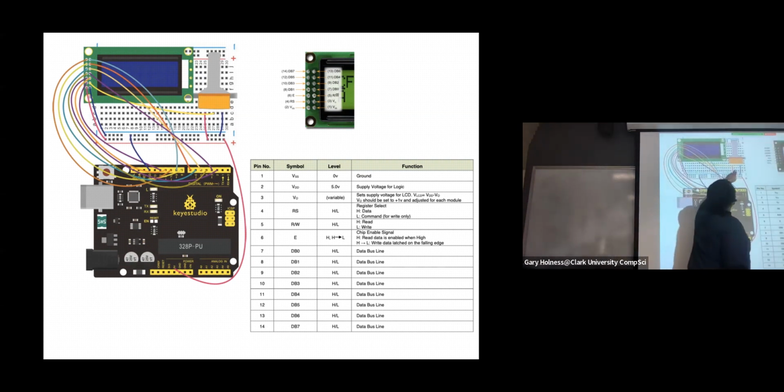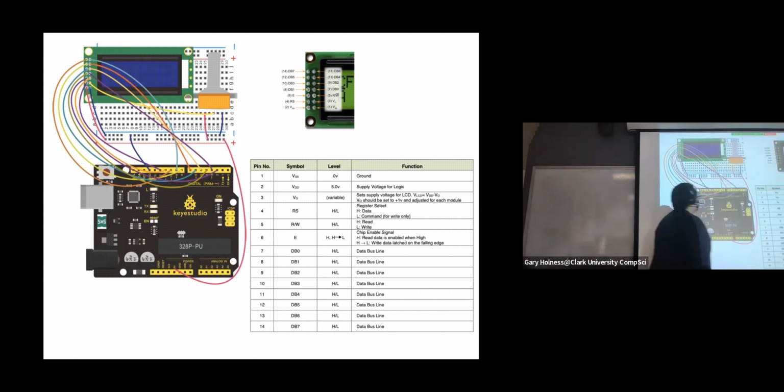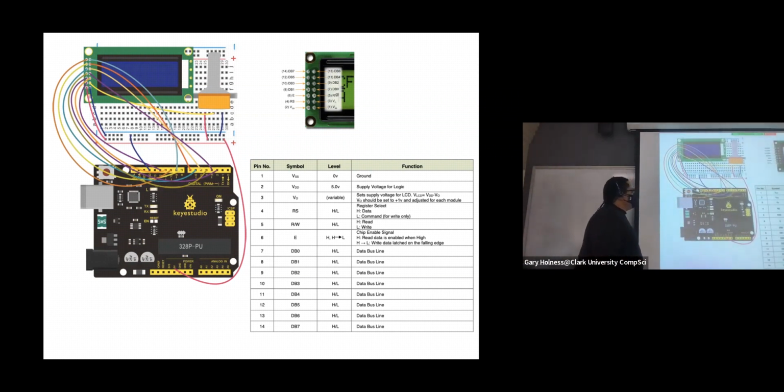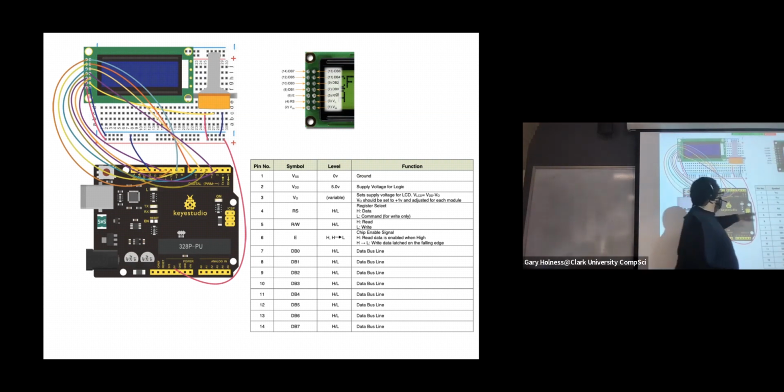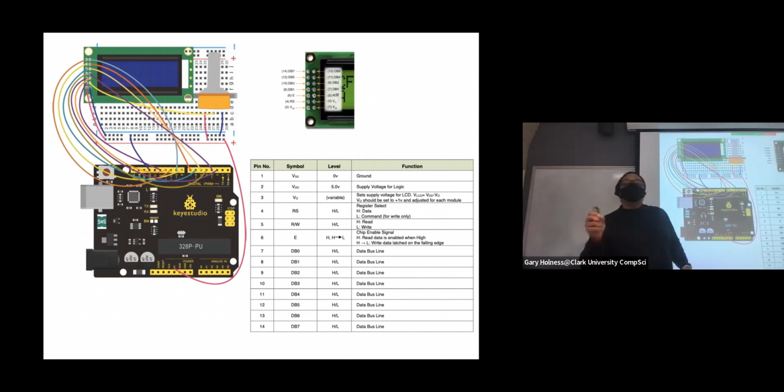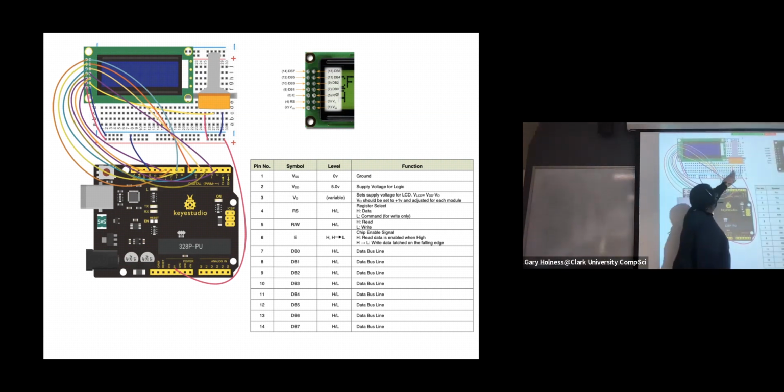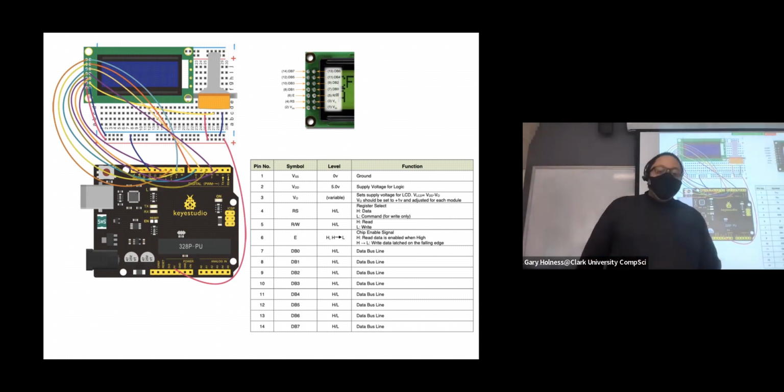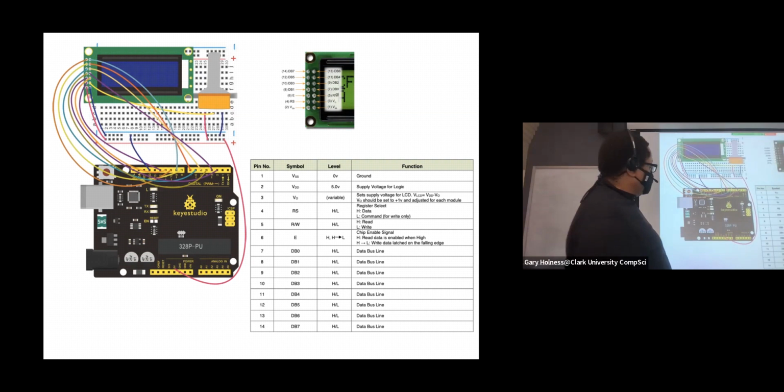And this third one in the middle, this yellow wire in the diagram, that's going to be the output signal of the potentiometer. And so that output signal is going to feed pin 3, which is V0, that variable backlighting power supply for the device. And so here we have the output voltage from the potentiometer in yellow feeding pin 3. So it's 1, 2, 3. Okay. All right. That's our backlighting.